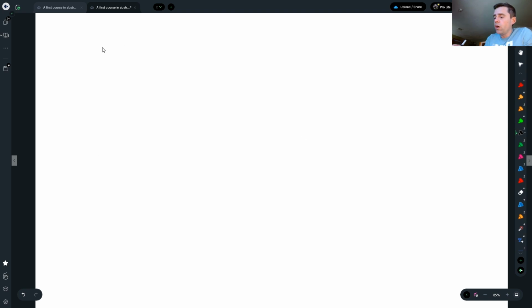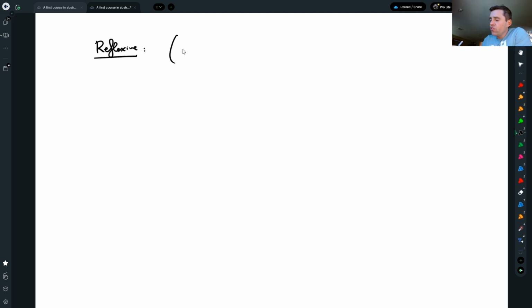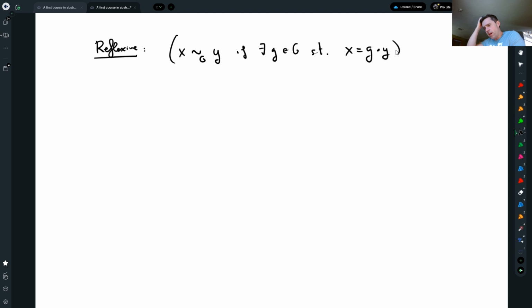Okay, so let's start with the reflexive property. So remember, by the way, recall that we say x is equivalent to y if there is a g in G such that x is g times y. Okay, that is g acting on y is x.